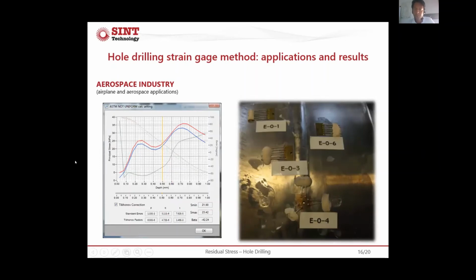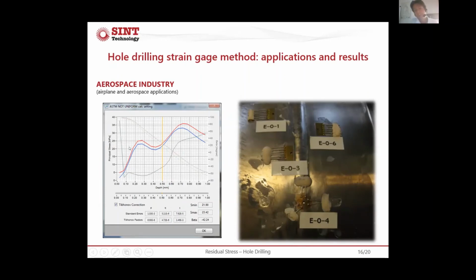And as you can see here is a typical result. You have the graph on the left of your screen, where we have on the x-axis the depth you have analyzed, and on the y-axis the principal stresses in terms of megapascal, red and blue lines that mean the maximum and minimum stresses, so the principal stresses at 90 degrees each other, as you probably know.